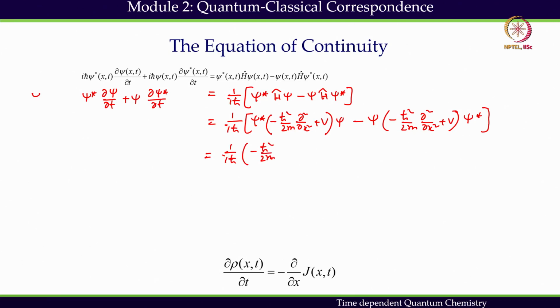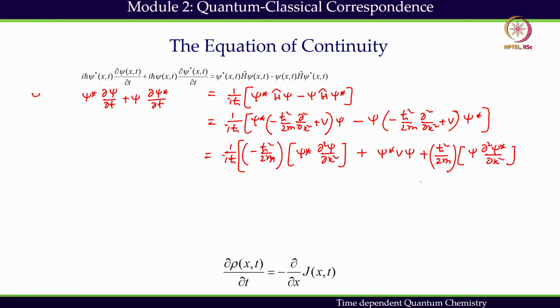minus h cut square by 2m psi star d2psi/dx2 plus psi star V psi minus h cut square by 2m psi d2psi star/dx2 plus psi V psi star.